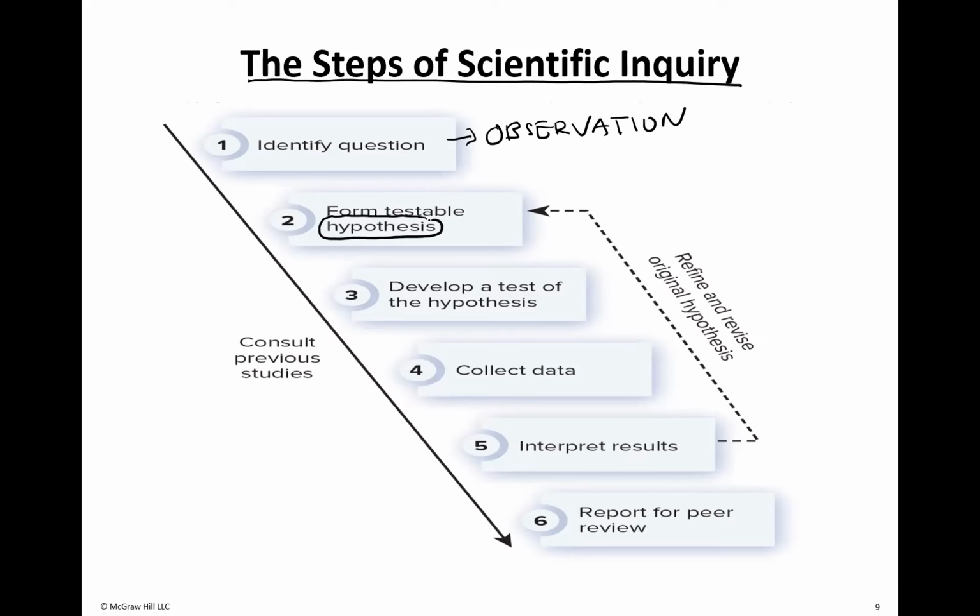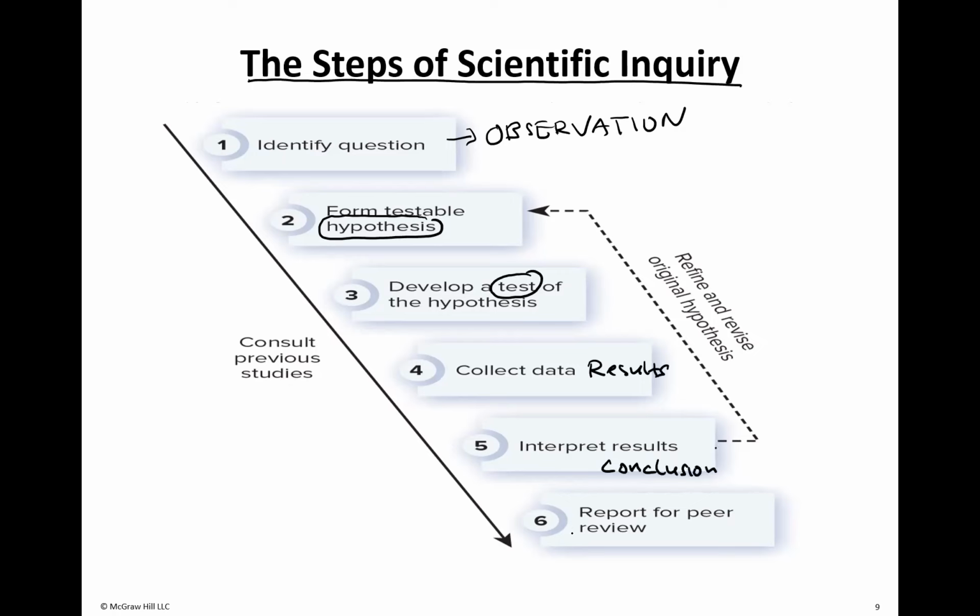That's the second step. And then we perform the test or experiment. And then we collect the data, which is also known as the result. And then from that, the analysis or interpretation of the results. And then we have conclusions over here.